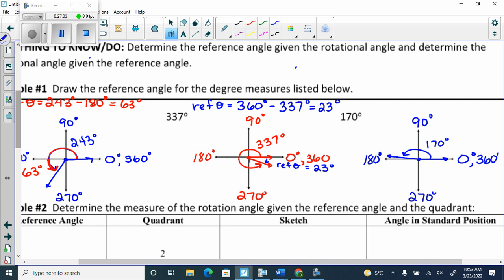It's hard to draw my reference angle. So in quadrant 2, my reference angle is always the whole 180, take off the angle. Then what's left over, right? So this whole 180, I take off 170. 180 minus 170, and I get 10. So there's this little angle in here.